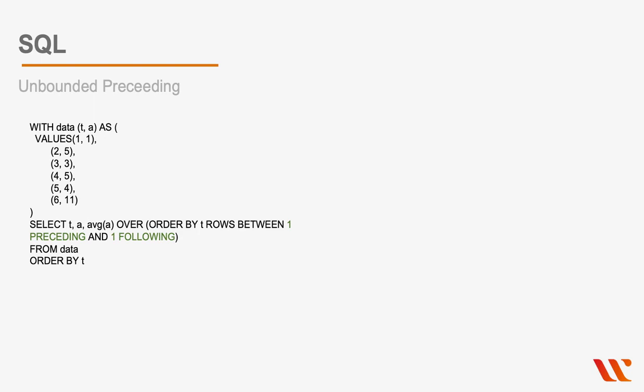SELECT T, AVG(T) OVER (ORDER BY T ROWS BETWEEN 1 PRECEDING AND 1 FOLLOWING) FROM data ORDER BY T. So here we're creating a temporary table with these values 1, 1, 2, 5, 3, 3, and so on. And then we are using an ORDER BY T ROWS BETWEEN 1 PRECEDING and then 1 FOLLOWING. So 1 above and 1 below the current row. Calculate the average amount in a frame of 3 days in this case.